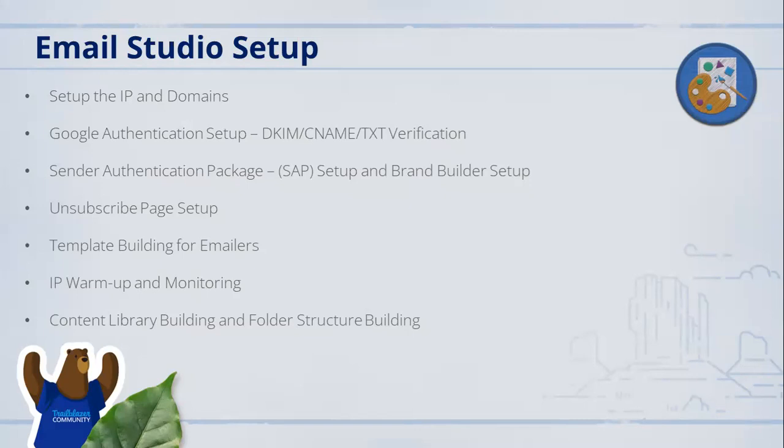Get your Email Studio up and running with the IPs and domains ready, with the various ESPs identified, so that this particular brand is going to send out promotional communication.